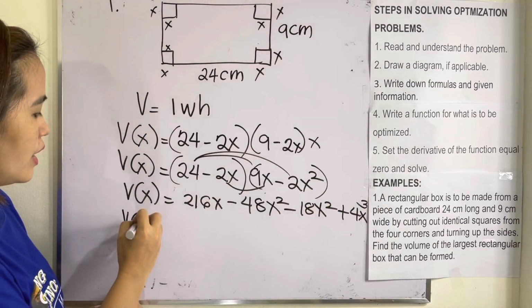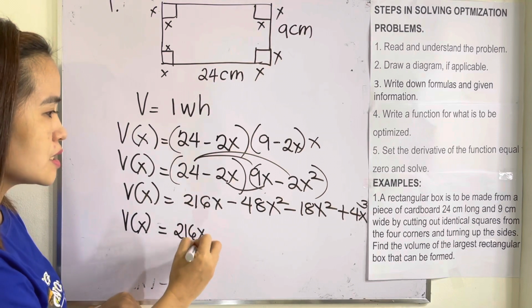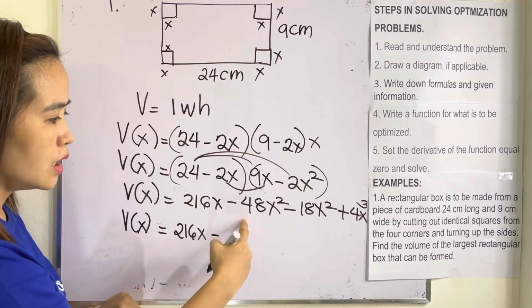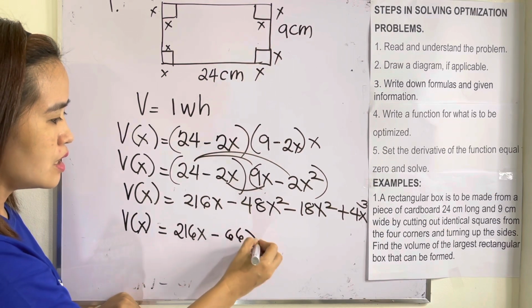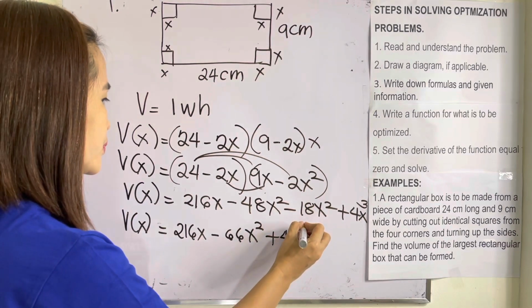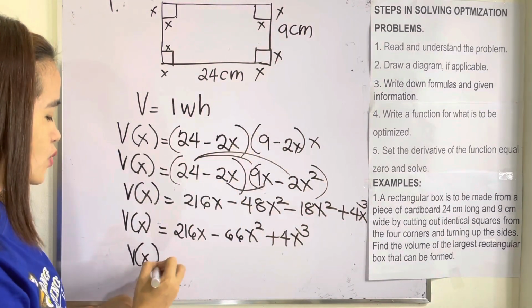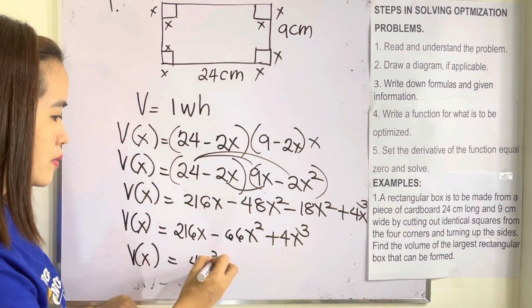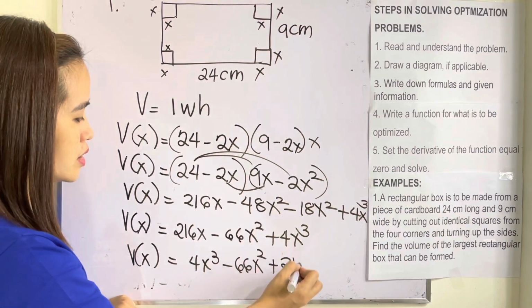So we have V of X is equal now to 216x minus, let's add, we have here 66x squared plus 4x cubed. Okay. So arranging it, this one is 4x cubed minus 66x squared plus 216x.